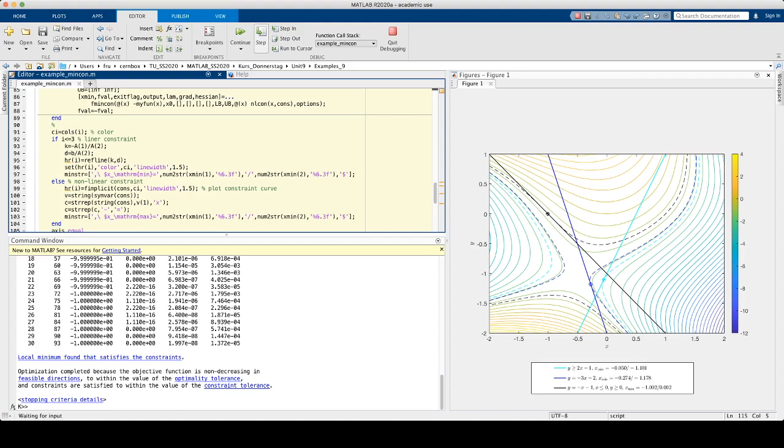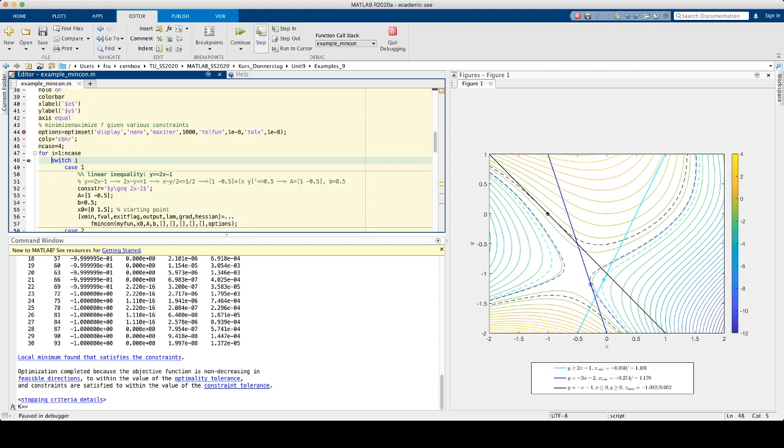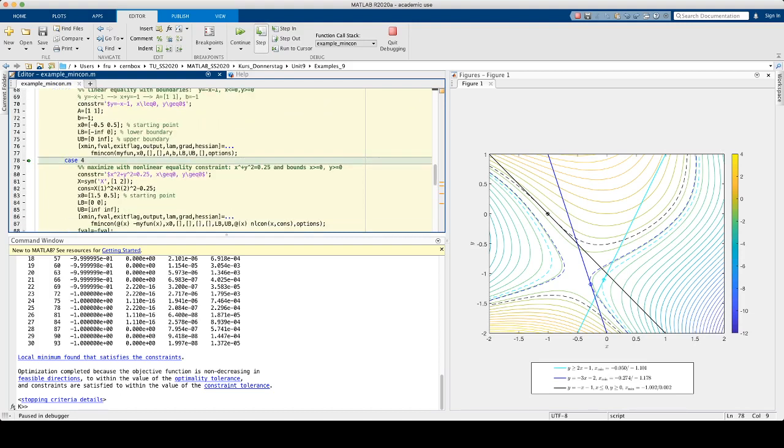We have one more example, which is now a nonlinear constraint, a nonlinear inequality constraint. In addition, we also have bounds. The solution is confined to the first quadrant, x and y non-negative.